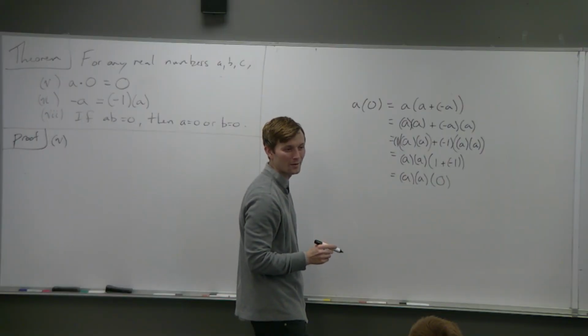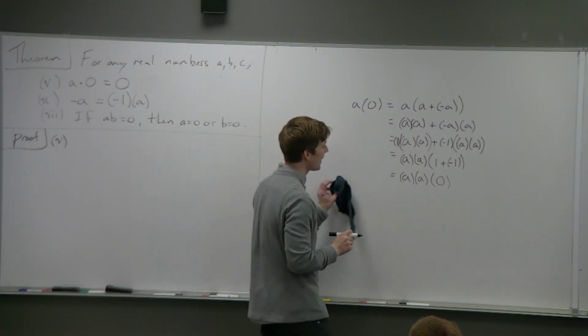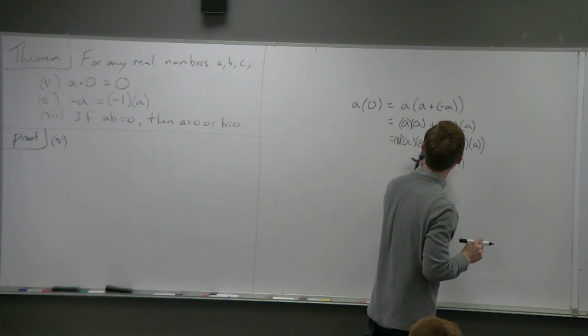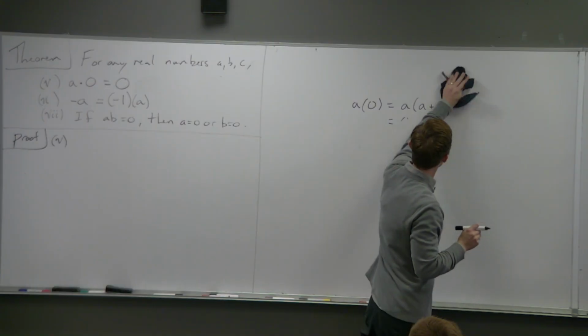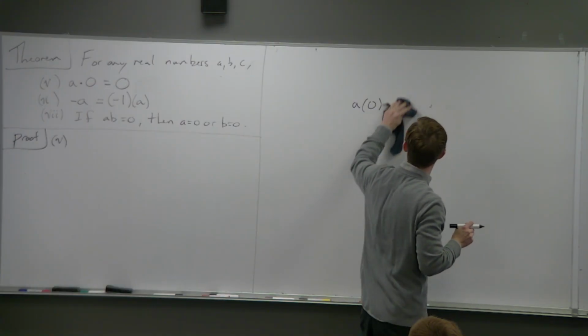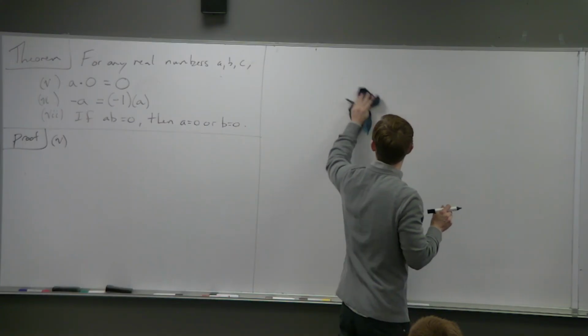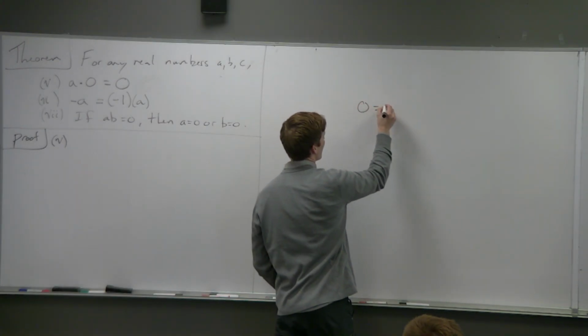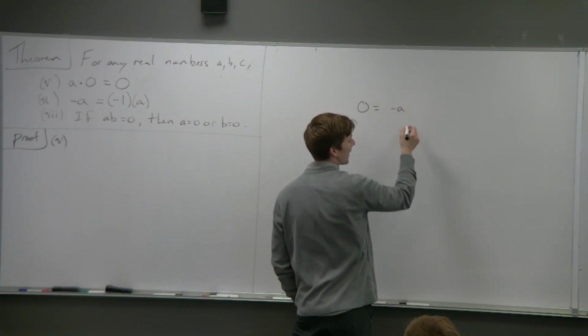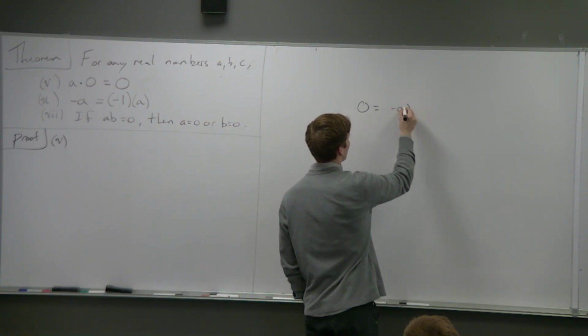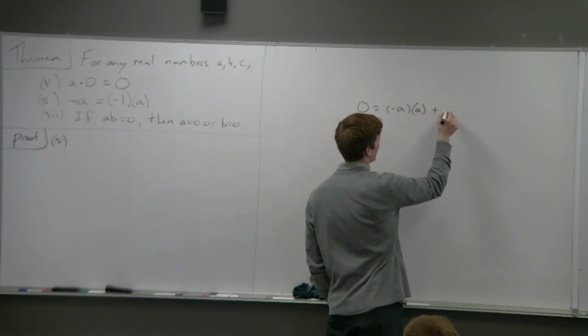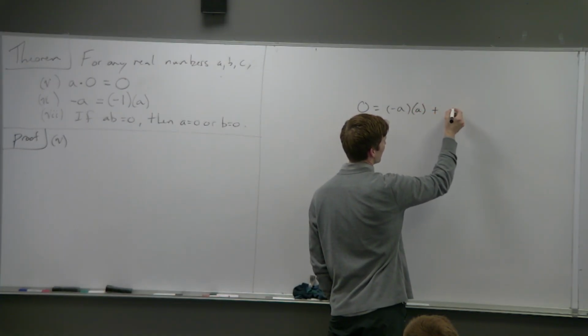You want to start with 0. I like this idea. As like minus a times a plus a times a. OK, so 0 is minus a plus a times a.